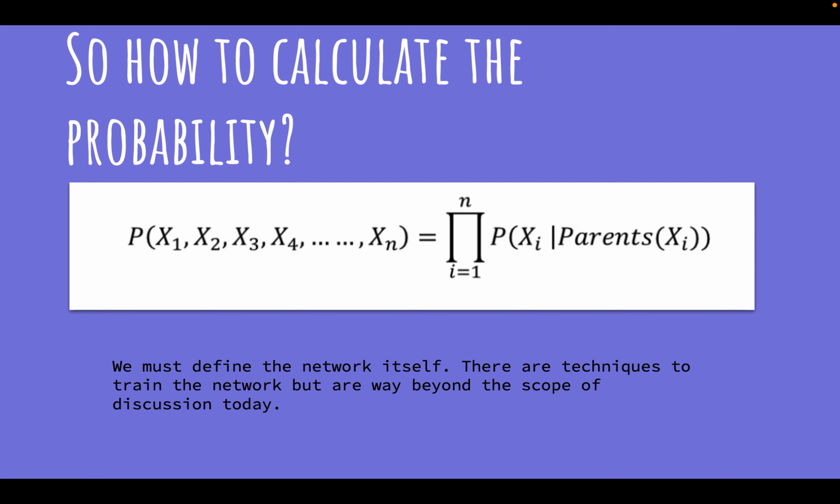And there's techniques to train the network, but they're beyond the scope of the discussion today. As well as, you need to have an intuition of how things are related together, which is not always the case. And if that's something you don't have, it might be better to use other machine learning techniques. Because, like I said, it's supervised learning, meaning the humans intervene in a certain way to define what you want to do.